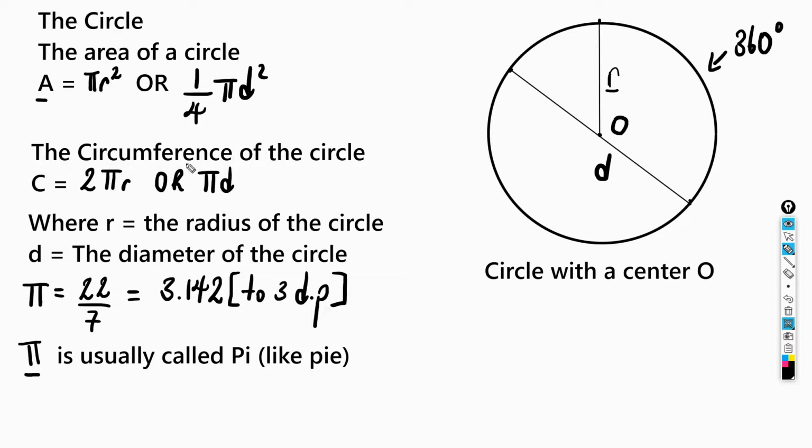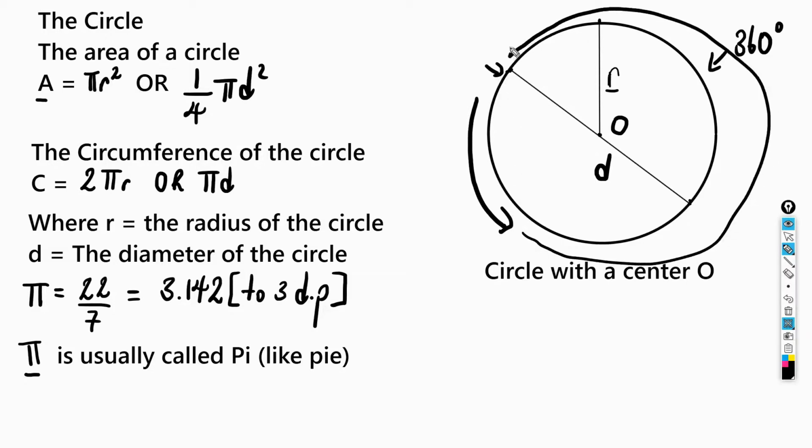Now the circumference of a circle is the entire distance right around the circle. The length of the distance right around the circle, from this point going right around back to that point, is called the circumference.